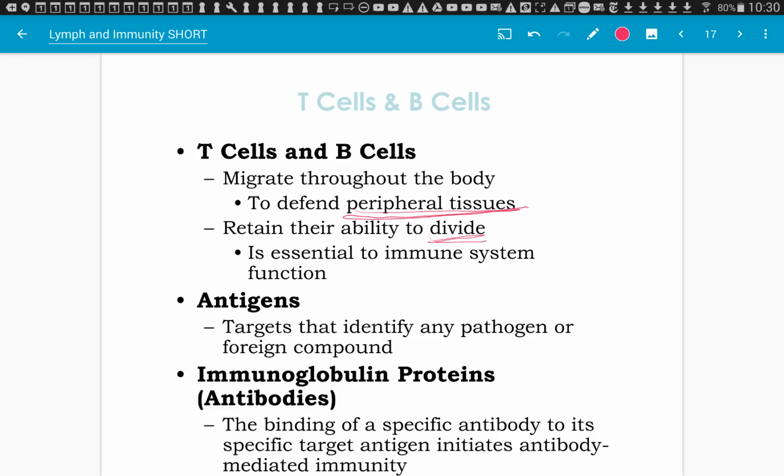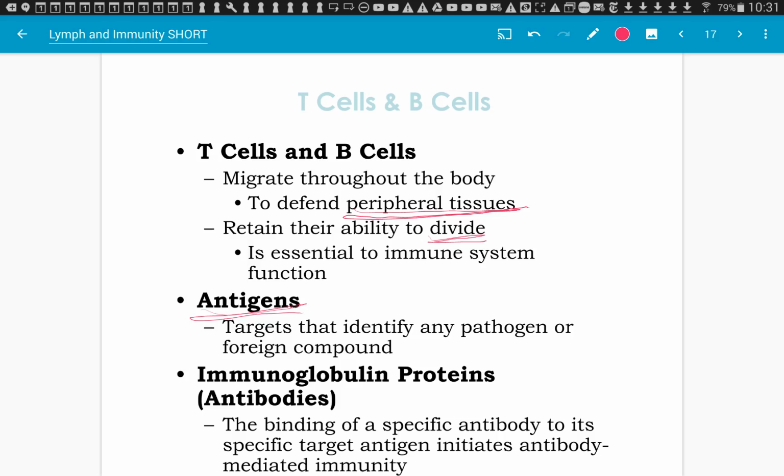Okay, antigens. We haven't really talked about antigens. This is something you would see on the outside of a pathogen, let's say a bacteria, for example, that your body recognizes as foreign. It doesn't belong. So your body recognizes an antigen as a foreign substance.